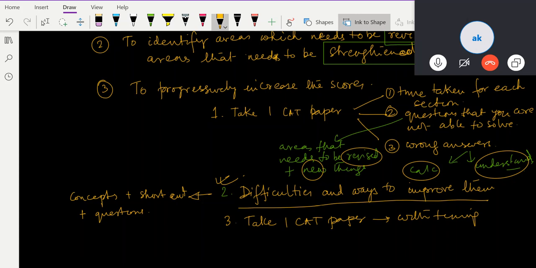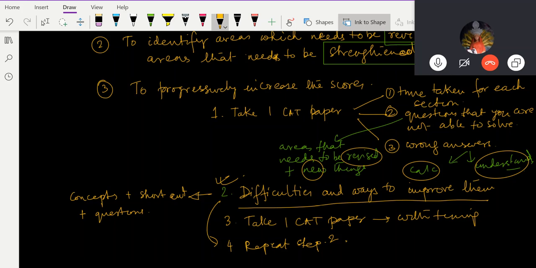Are you able to get what I'm trying to do? Yes. Okay, then after we do this, we will repeat step 2 again, but this time focusing more on the areas that still need sharpening.